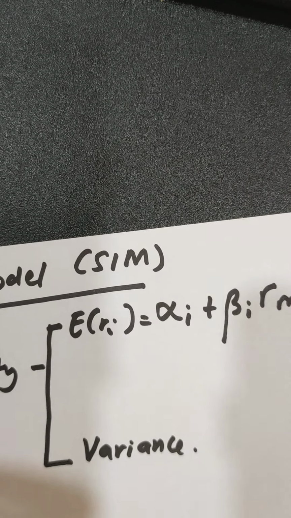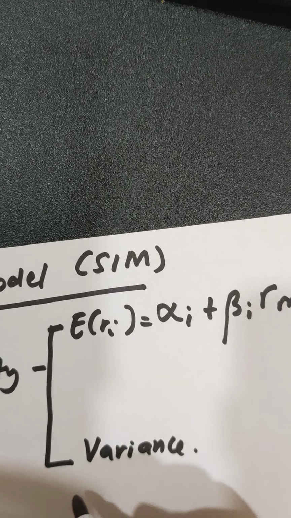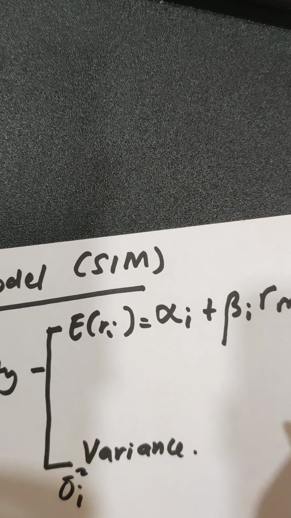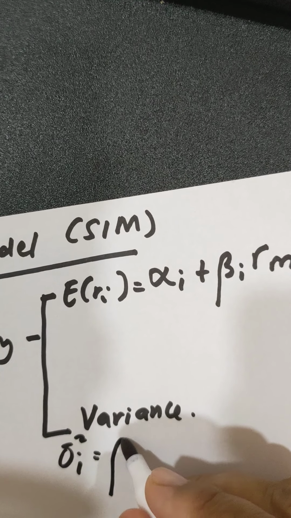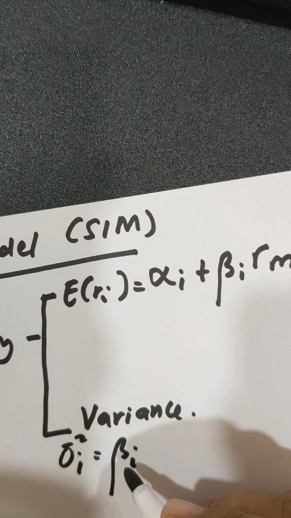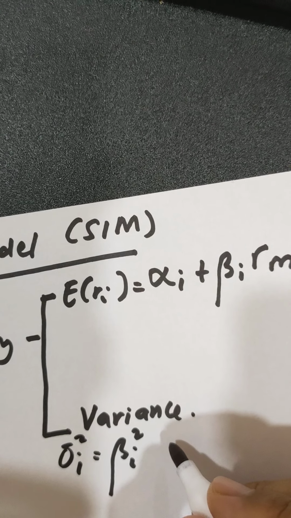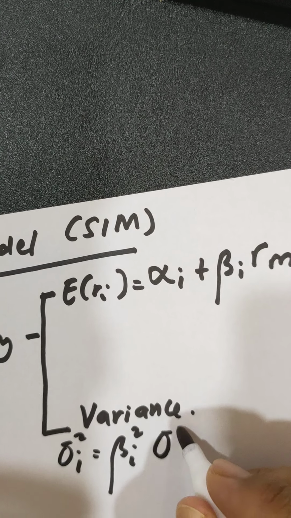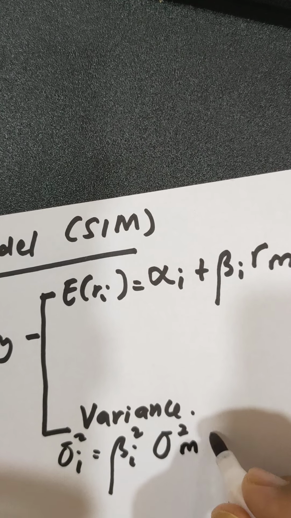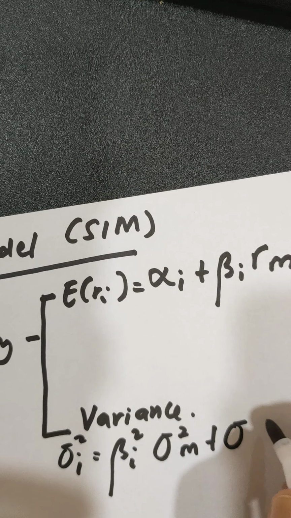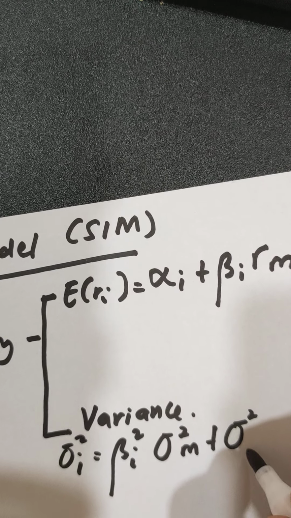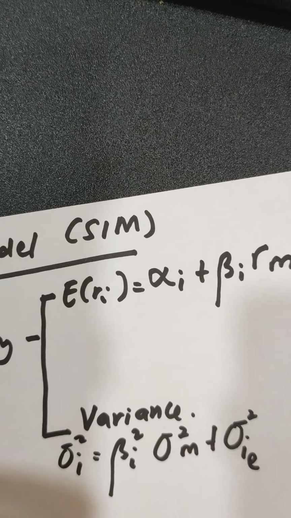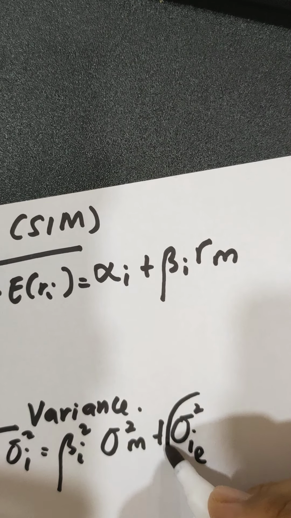Whereby for the variance, you need to search for the variance of that particular asset, which is equivalent to beta for that particular asset to the power of 2 times variance on market, plus another component here, which is what we call residual variance.